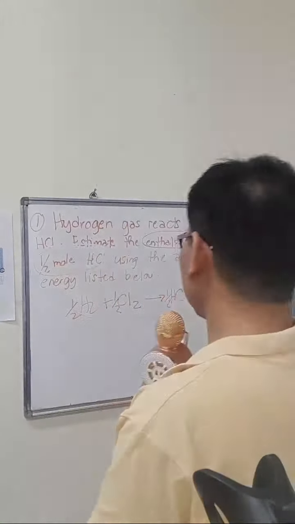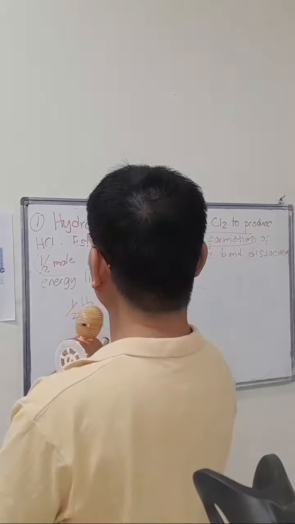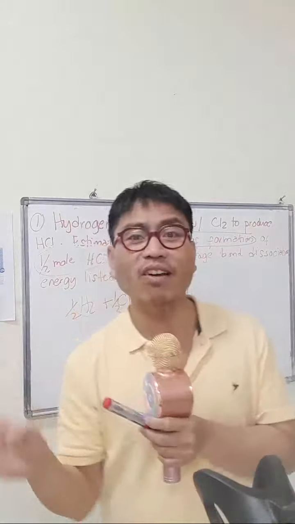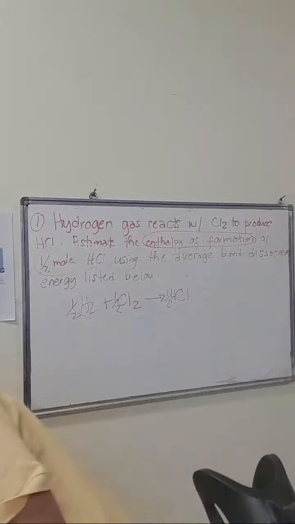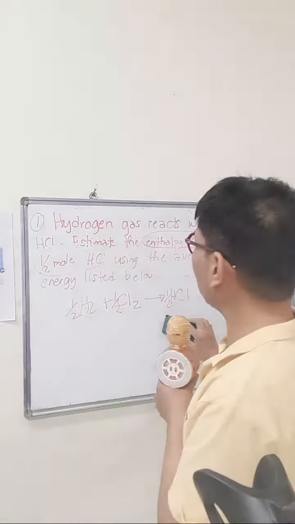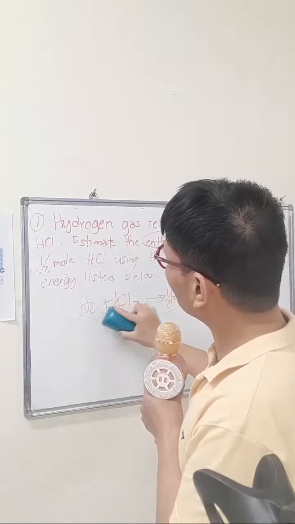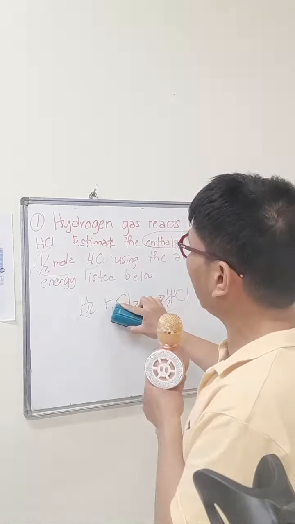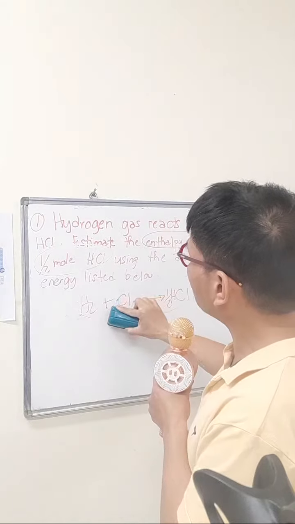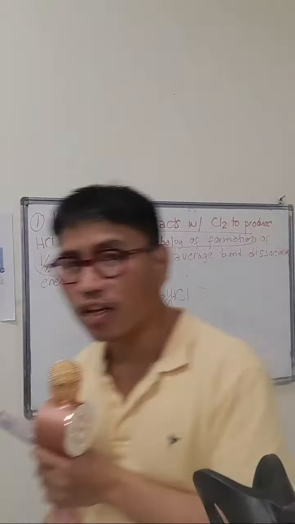So let's just put this as X. Again, math. Okay? Let X be the unknown number of atoms of hydrogen and chlorine respectively and do it individually. So again, let's erase first the 1/2 because we need to put X as the unknown for each element, hydrogen gas or chlorine gas in our chemical reaction.